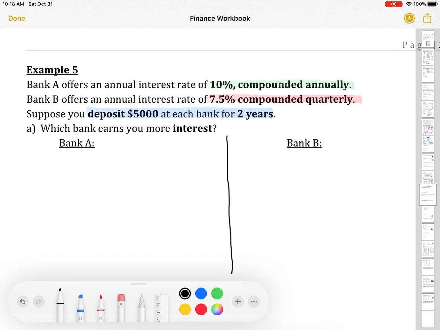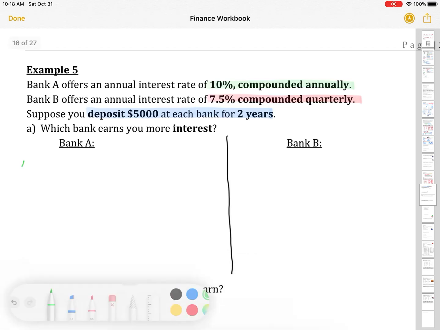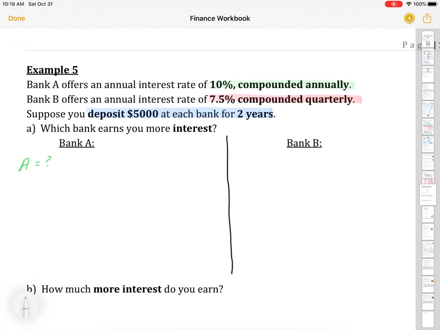So first we've got to make our list, right? So Bank A. A is equal to, we don't know. Principal is 5,000. Our interest is 10%, so that's 0.10 divided by, it's compounded annually, so we actually just divide it by 1. So that would be 0.1. Our number of compounding periods is, well, it's compounded annually times 2 years, so it'd be 2.